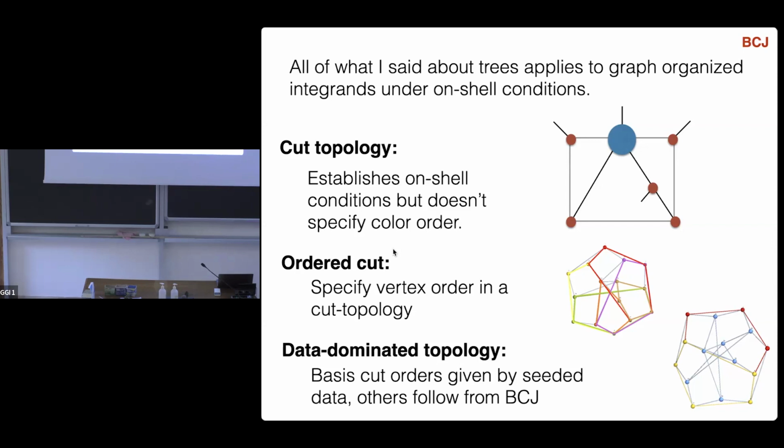But if these two ordered bases have stuff that I know about, then I can talk about all the other orderings. I can talk about all the other 15 graphs, and we'll see examples of how that works. Okay. So by data dominated, I mean that I have sufficient data to constrain the basis ordered cuts so that I can use tree level relations to tile outwards to everyone else.